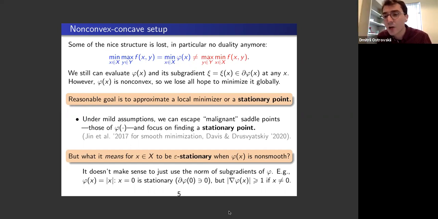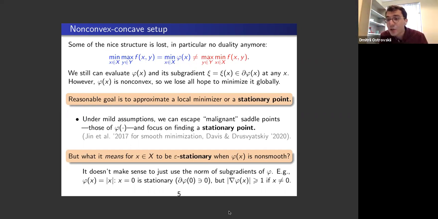And so in particular, we know, at least in the case of the singleton y, what would be the complexity of finding a first order stationary point. We know that the right algorithm in this case will be simply projected gradient descent, right? We know that the corresponding rate will be optimal, with the lower bounds proved by Carmon and others.